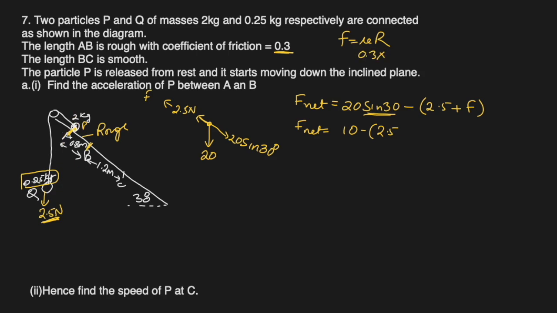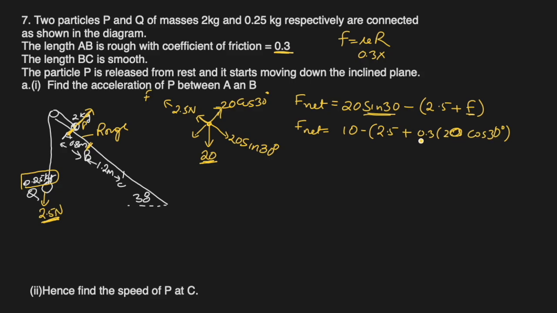R is the normal contact force, and it will be in this direction, the vertical, this y component of 20 newtons. So it will be 20 cos, the other one was sine, this will be cos 30 degrees. So in place of this F we can write 0.3 multiplied by, not 2.5, 20 cos 30 degrees.